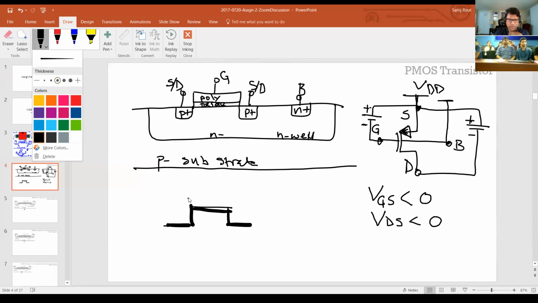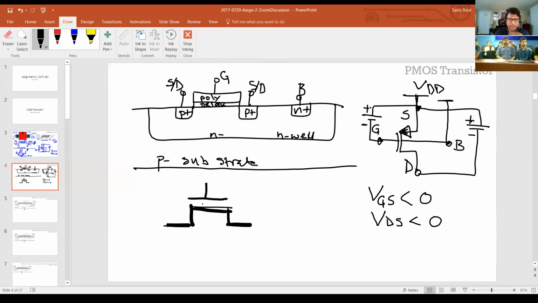Just like in NMOS, you have a source node. Again, repeat, there is no physical source node. It's how you bias it. But once we represent it this way, we make sure you bias this node, which is at higher potential than the drain node. That's the only way it works. So if you switch the potential, the current is going to flow in the other direction.